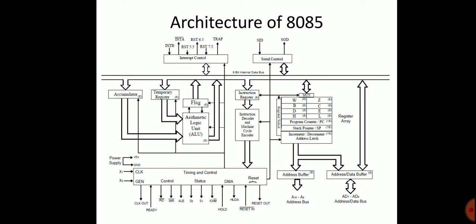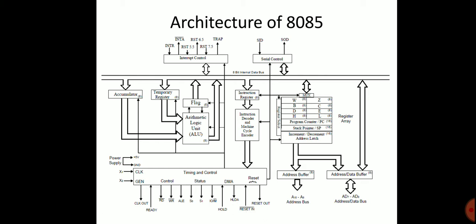In the arithmetic logic unit, the 8085 ALU performs arithmetic and logical operations on 8-bit variables, because the 8085 is an 8-bit processor. The arithmetic unit performs bitwise arithmetic operations such as addition and subtraction.